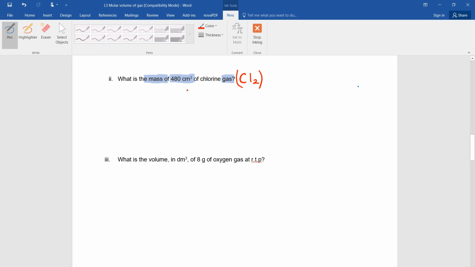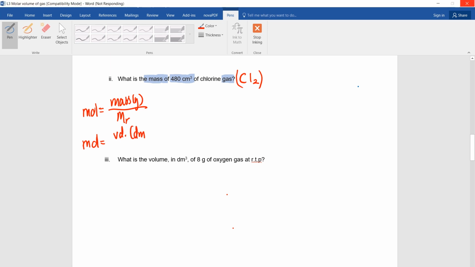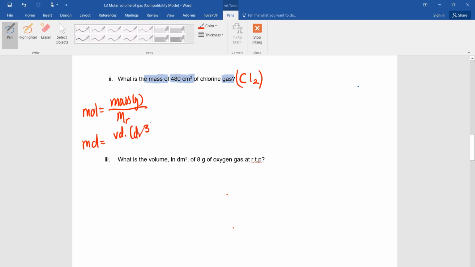If you think about it for a second, there are 2 equations that you learned today. Number 1, mole is equivalent to mass in grams divided by Mr or Ar. The other one that you learned today is mole is equivalent to the volume of the gas in dm cube divided by 24 dm cube.